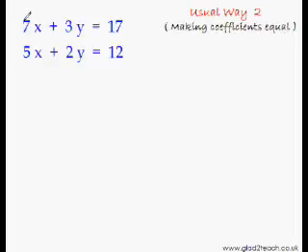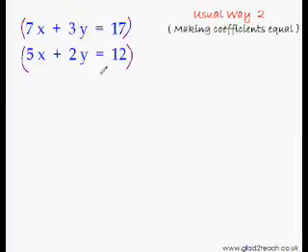Basically, we would make one of these two pairs of coefficients equal so that we can cancel them out. I'll prefer this one, as 3 and 2 are smaller numbers compared to 7 and 5. So just multiply this coefficient with this other equation completely and multiply this coefficient with this equation completely.